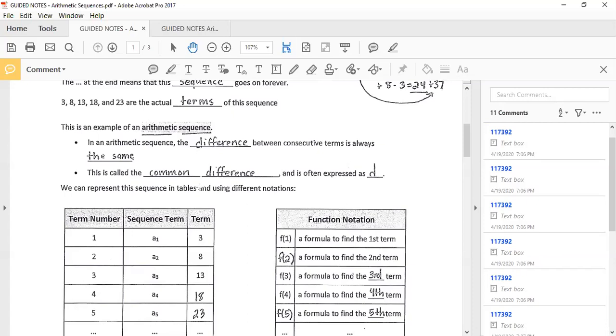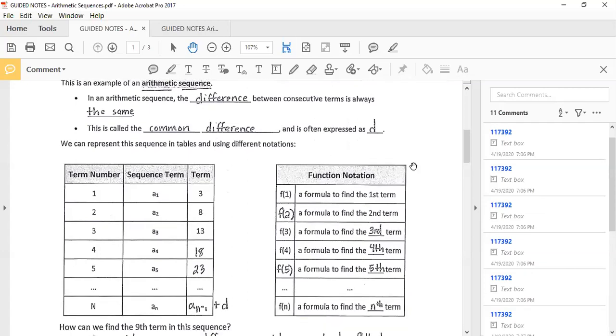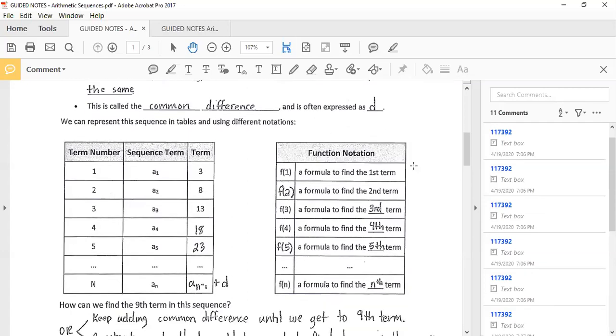And you can equate these with linear equations, okay? Because we've got a constant rate of change. That's the same thing as saying a common difference that is constant over time here. So linear equations are often equated to arithmetic sequences, which is why you can write them that way, all right?